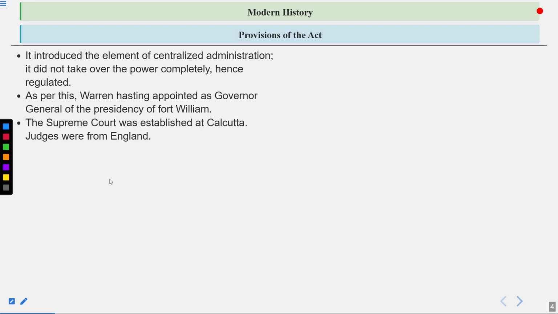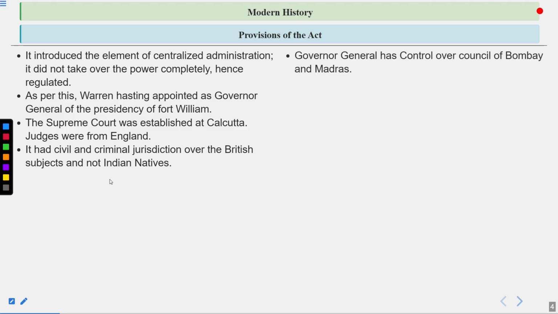The Supreme Court was established at Calcutta. Judges were from England. It had civil and criminal jurisdiction over the British subjects and not the Indian natives, as I was saying. The Governor General had control over the councils of Bombay and Madras, and that is why the position of Governor General of Bengal was created, as he was also governing the governors of Bombay and Madras.